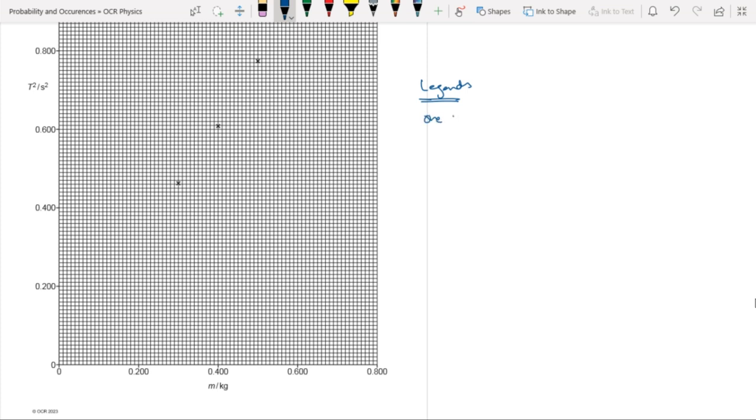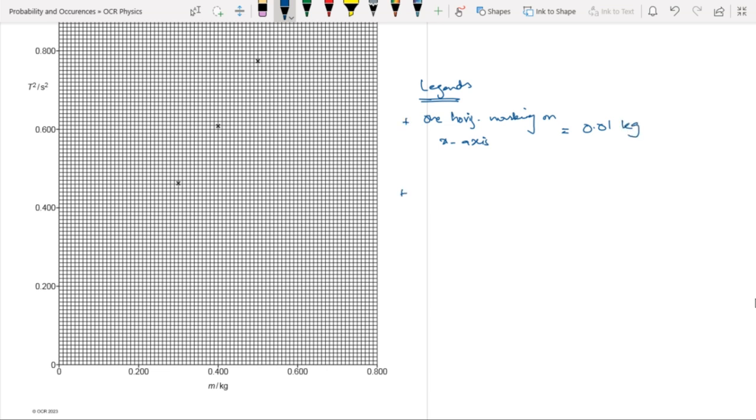So that means one horizontal marking on x-axis is equal to 0.01 kilogram.